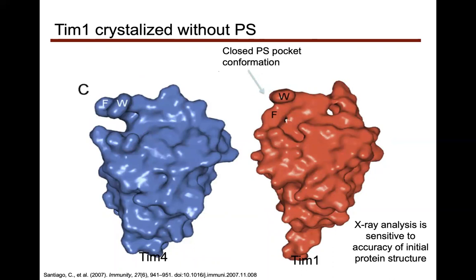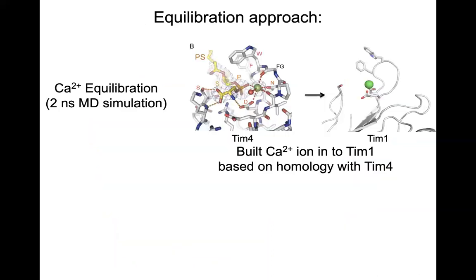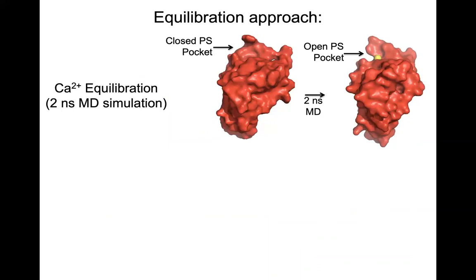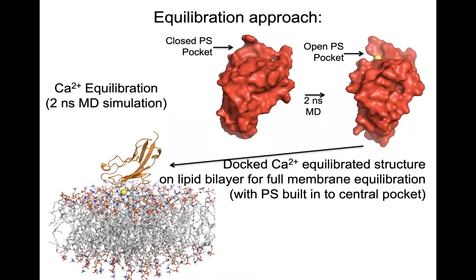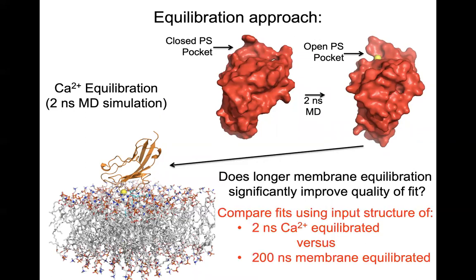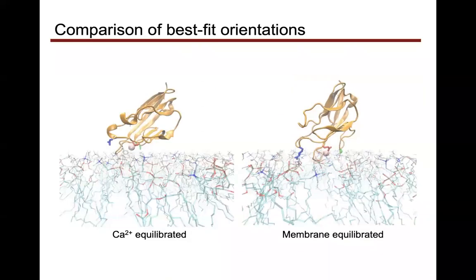And in order to increase the accuracy of our data with the simulation, what we actually do is try to open up this pocket by doing first calcium equilibration, and then equilibration of the system into the membrane, and dock it on the surface. And when we do that, all of a sudden we're able to have much more meaningful data and results with the equilibrated structure on the surface and decipher the orientation of the protein on the surface. So on the left is shown the calcium equilibrated structure, and on the right is the membrane equilibrated structure.